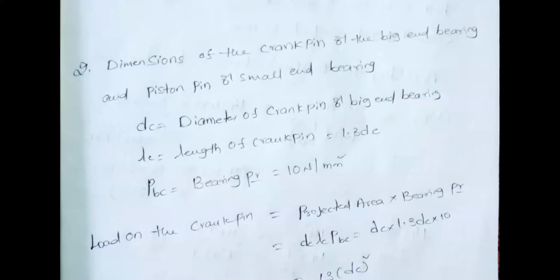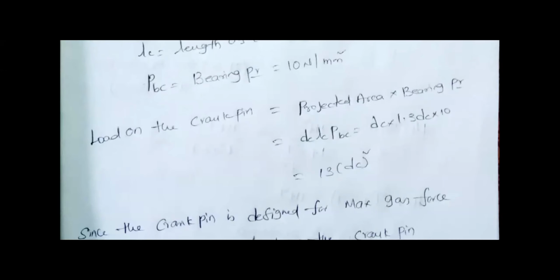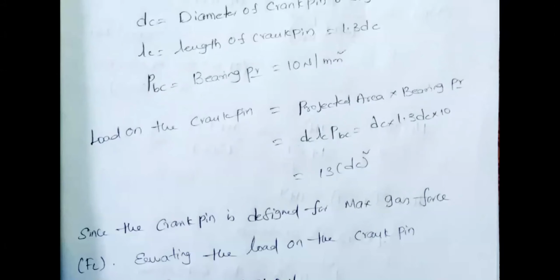Right. So first, you are supposed to calculate the load acting on the crank pin. How do you calculate the load? Bearing pressure into area. The bearing pressure value is already mentioned.